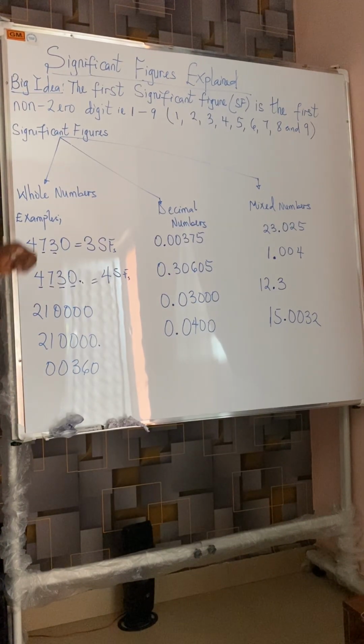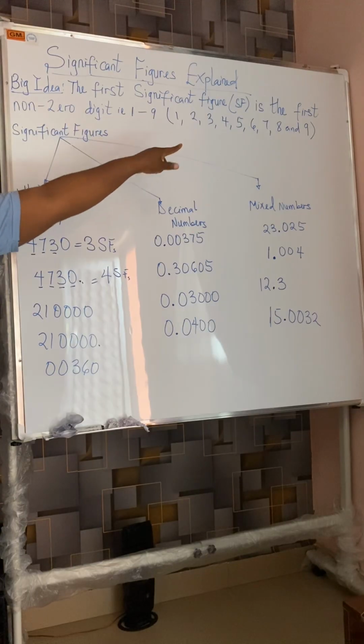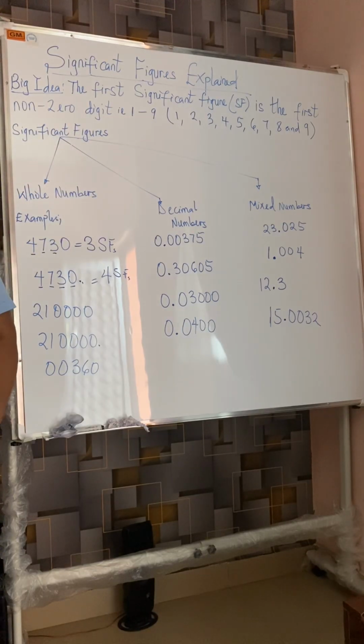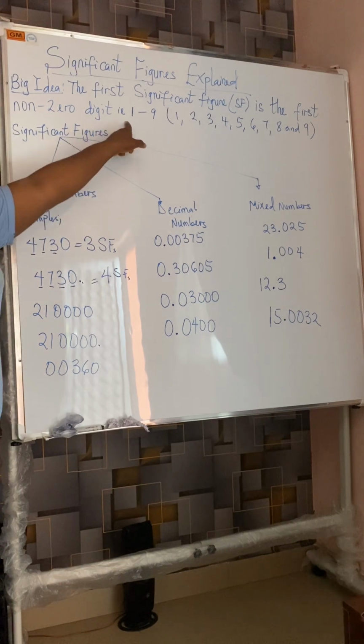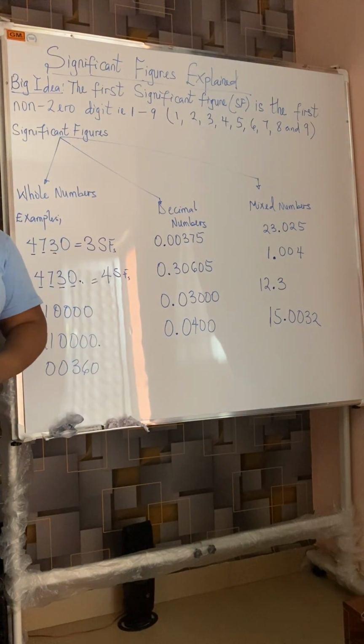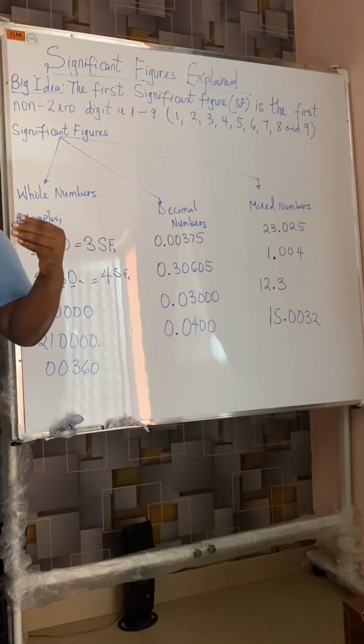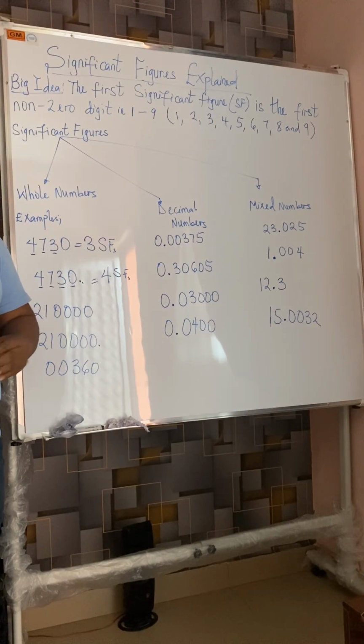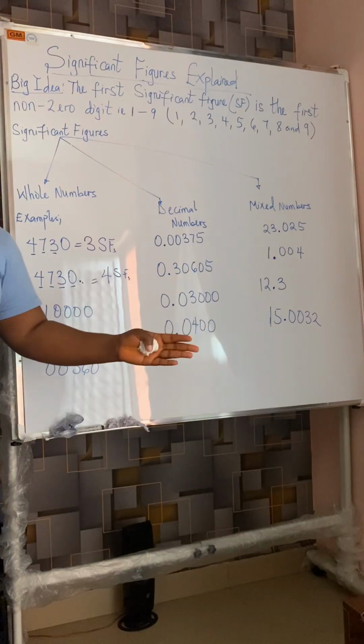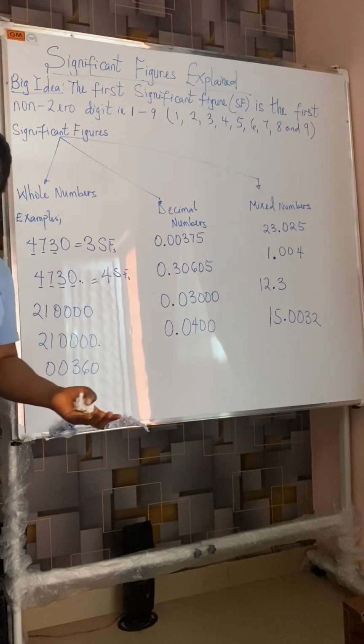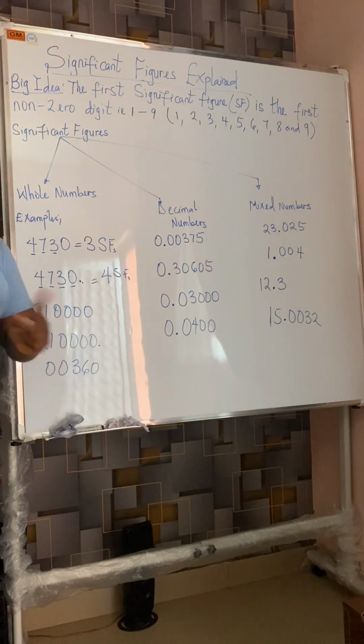The point is, the first significant figure is the first non-zero digit. That is the numbers from 1 to 9. Alright, when I say from, it means 1 inclusive and 9 inclusive. So that you know that there is a difference between when I say the numbers between 0 and 9 and the numbers from 0 to 9.